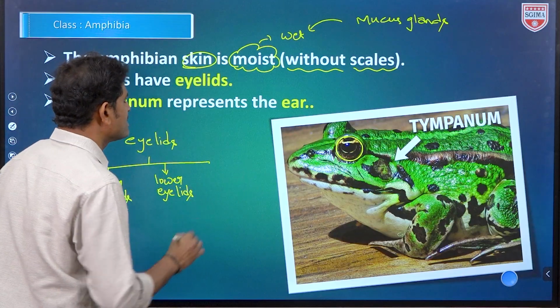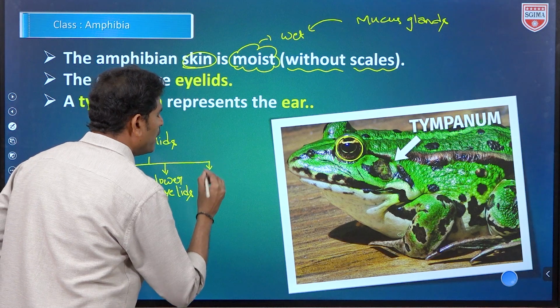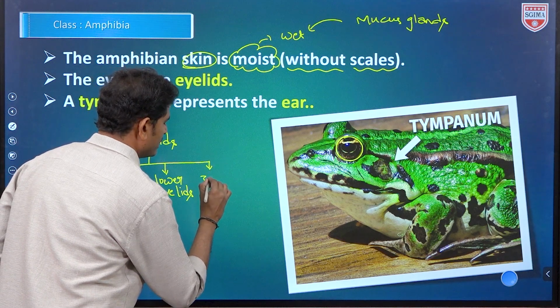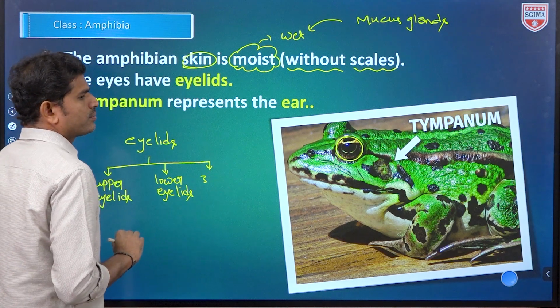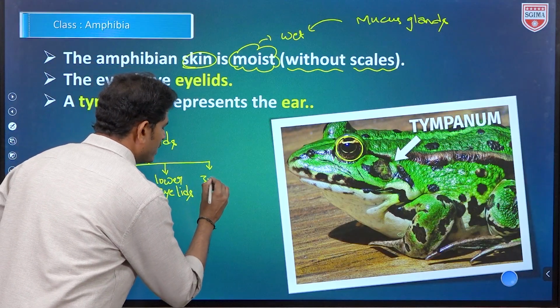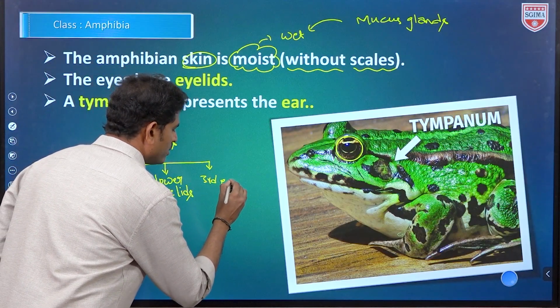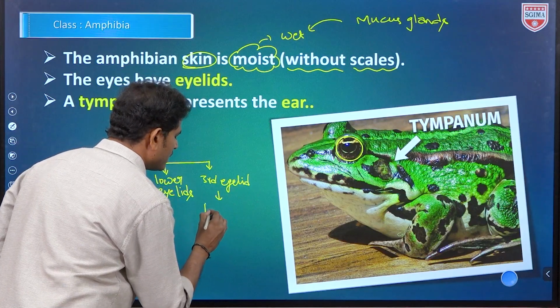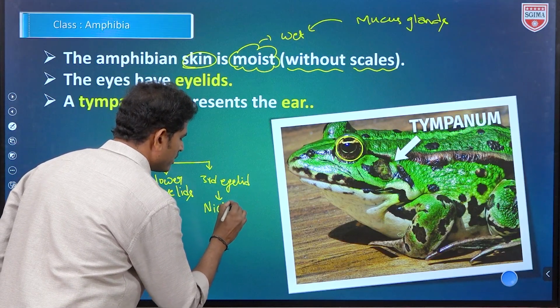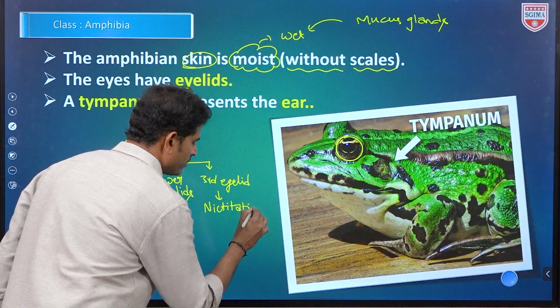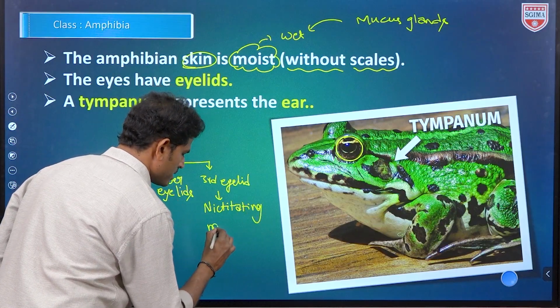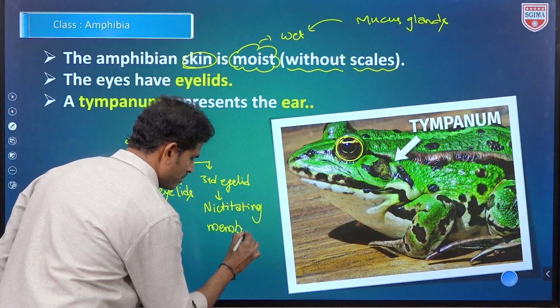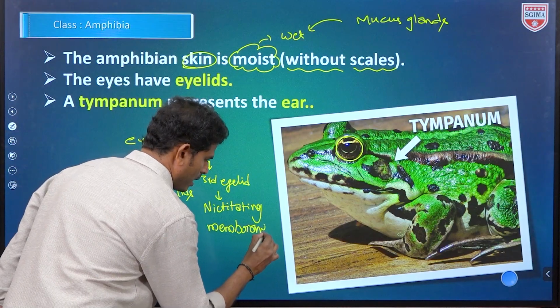The third eyelid is the nictitating membrane. The nictitating membrane is present.